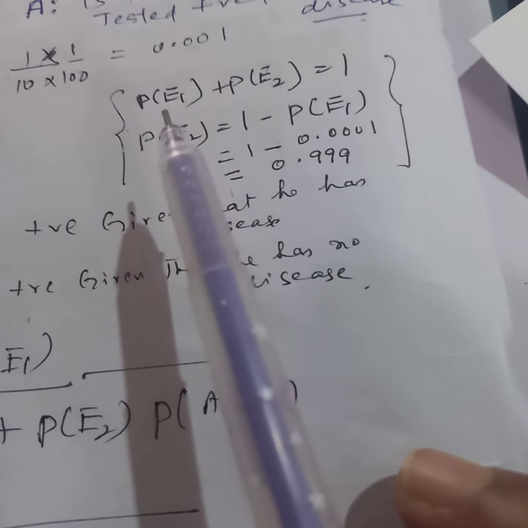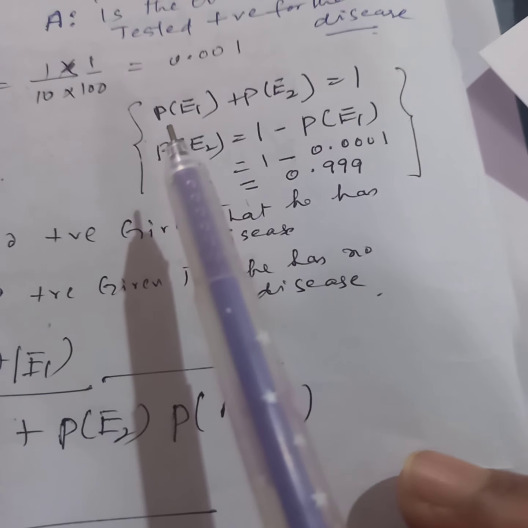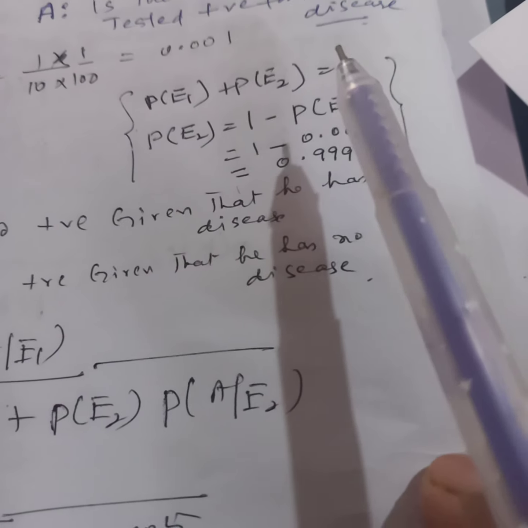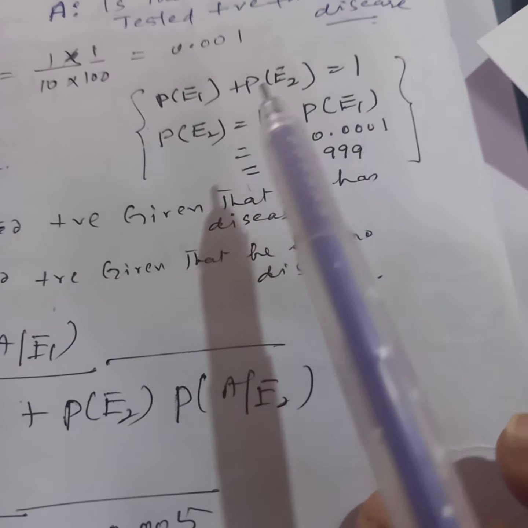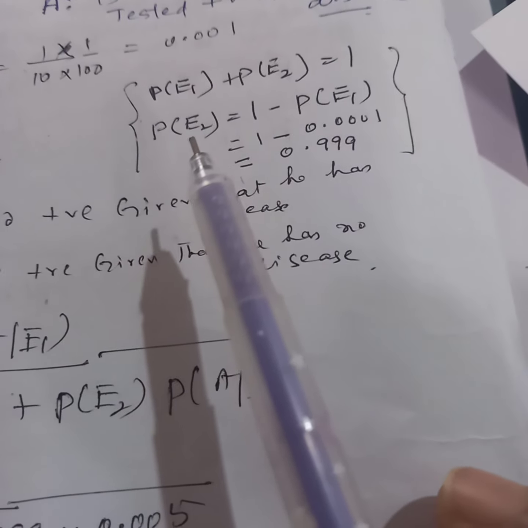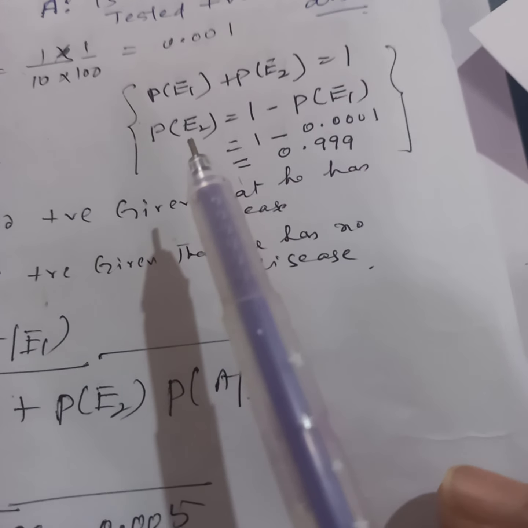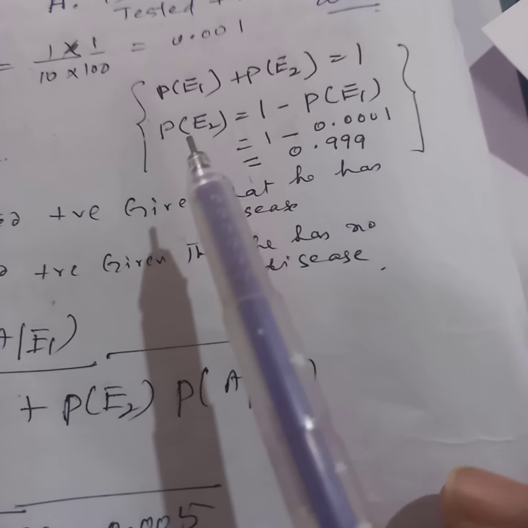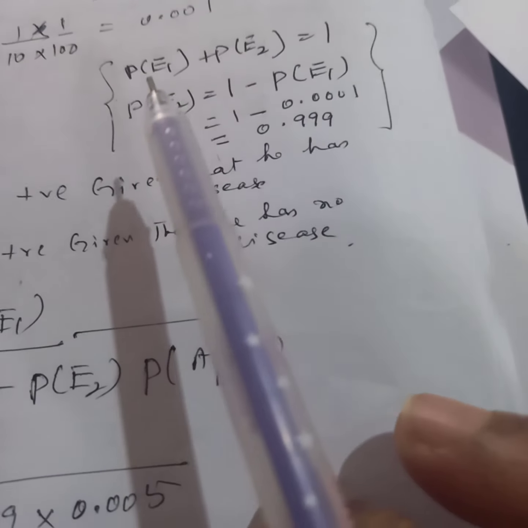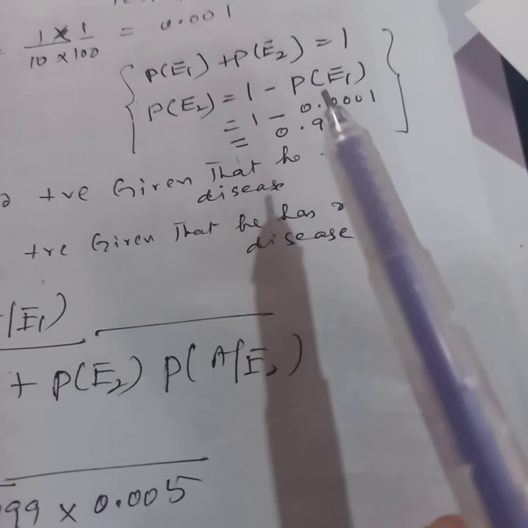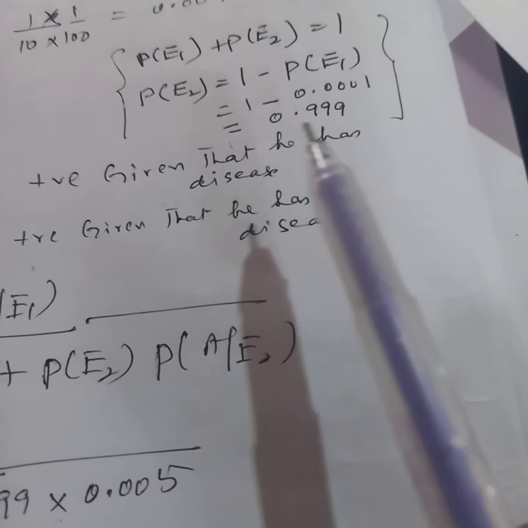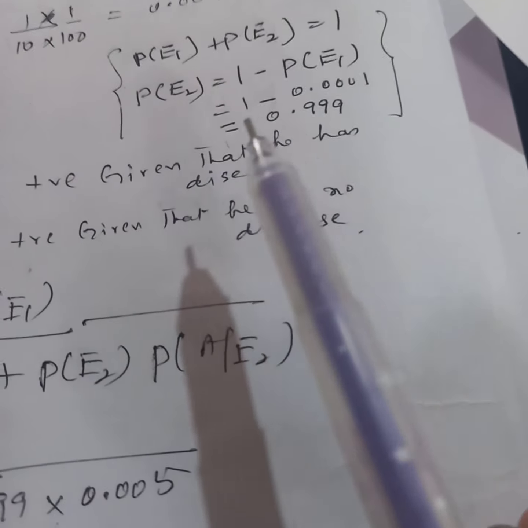We know that. Has a disease, has no disease, the probability of these two things will always sum to 1. Now we want to find P(E2), the probability of a person having no disease. That is 1 minus P(E1). So from 1 you subtract 0.001, you will get 0.999. That's how we have found P(E2).